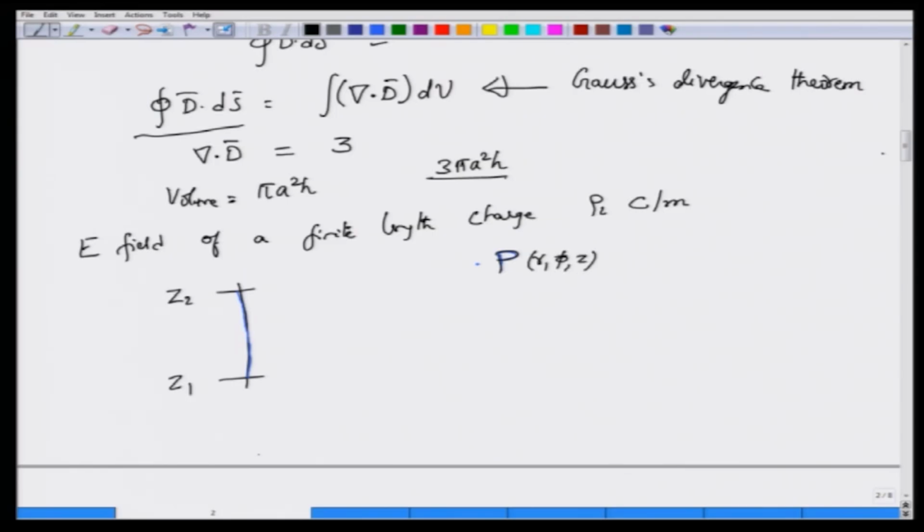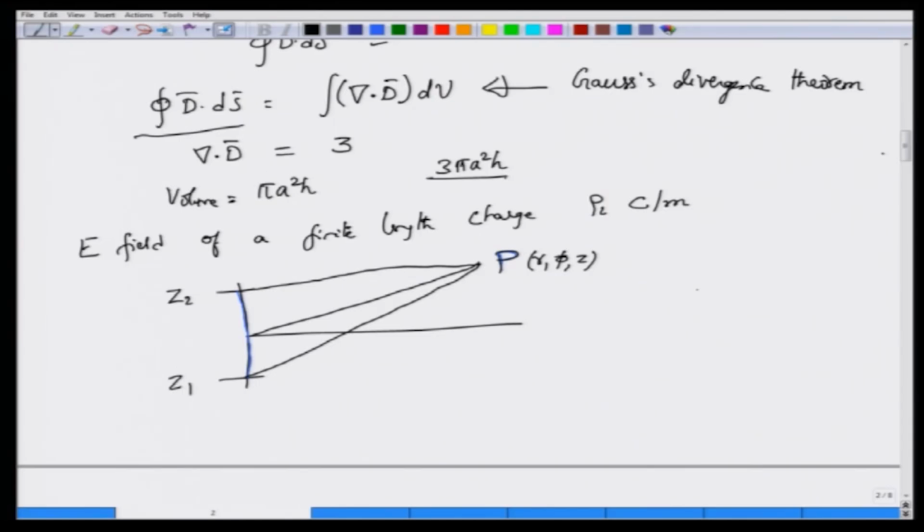First question would be, since we have been discussing Gauss's law, can I actually use Gauss's law? Unfortunately, Gauss's law cannot be used in this case because there is no symmetry along the z axis. If you recall, for an infinite line charge there was symmetry about the azimuthal angle φ as well as symmetry along z.